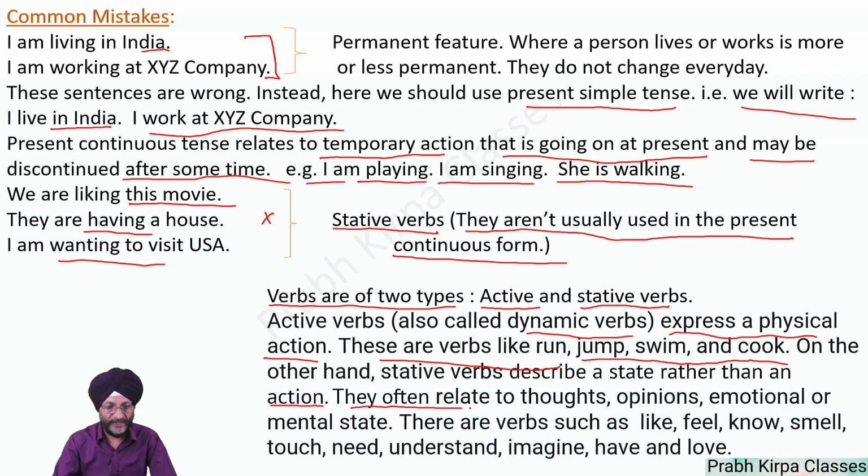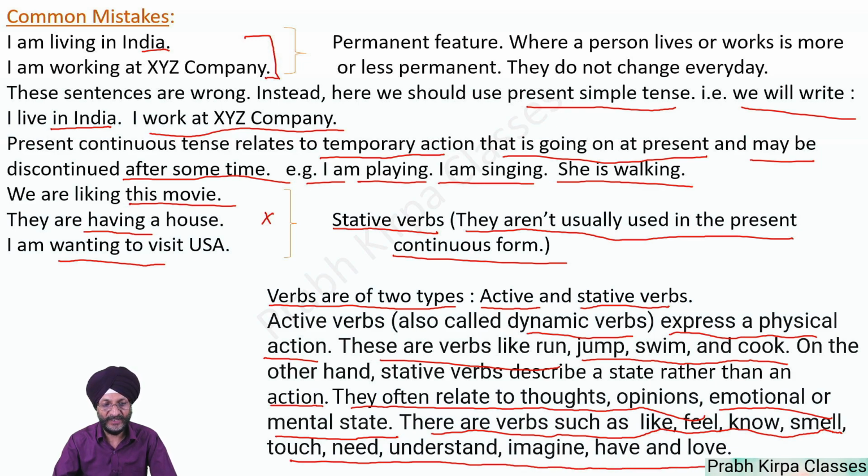They often relate to thoughts, opinions, emotions, and mental state. They are verbs such as feel, know, smell, touch, need, understand, imagine, have, love. So in case of stative verbs, we do not make the sentence in present continuous form. We use only active verbs in present continuous form.